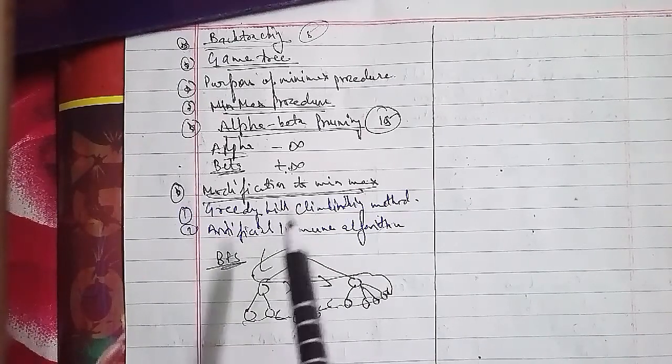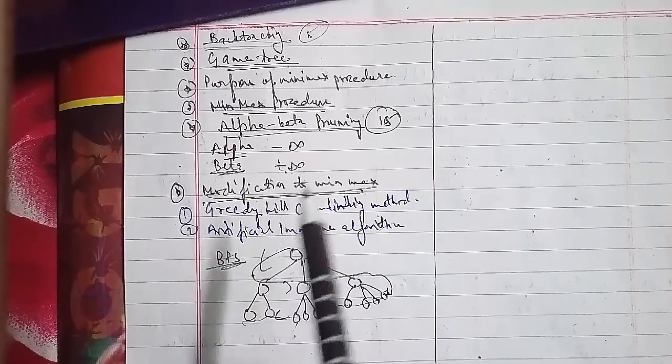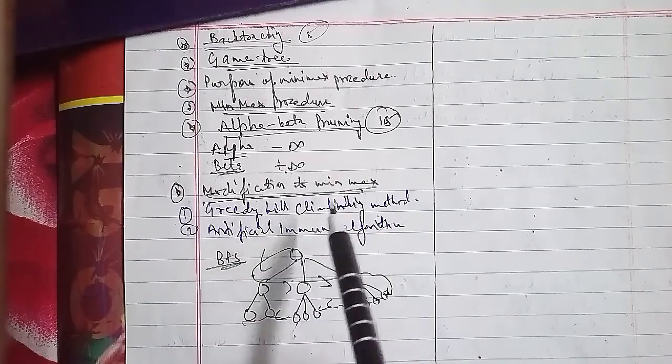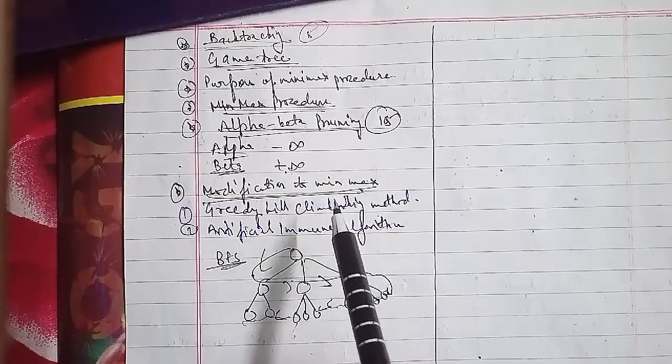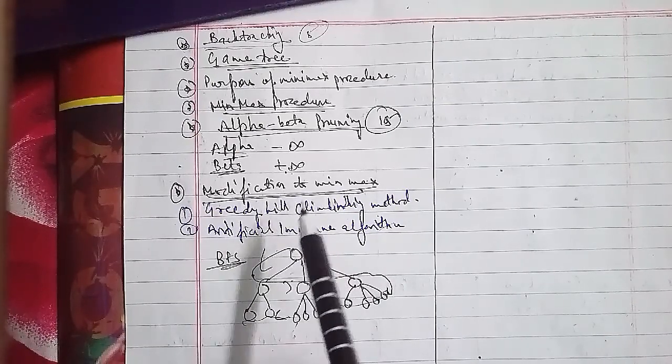So in the DFS, it will move from here to here, then from here to here, then here, and after that it comes back here and moves like this. So that is how it goes in DFS, that is your depth first search.